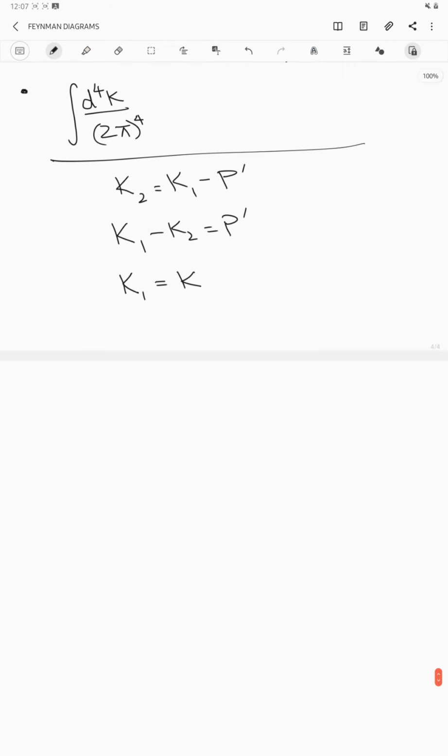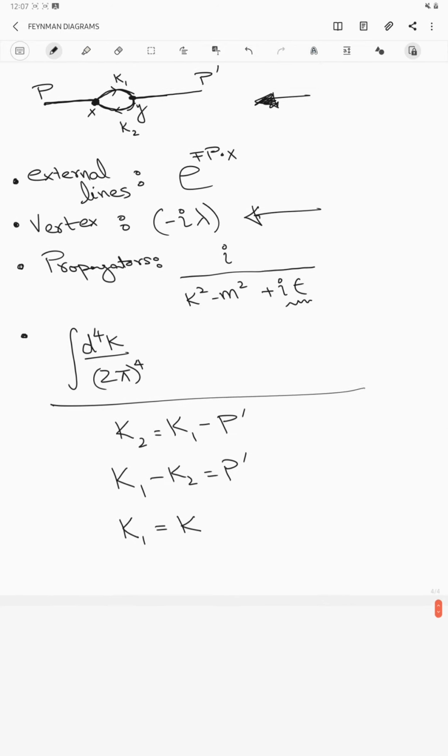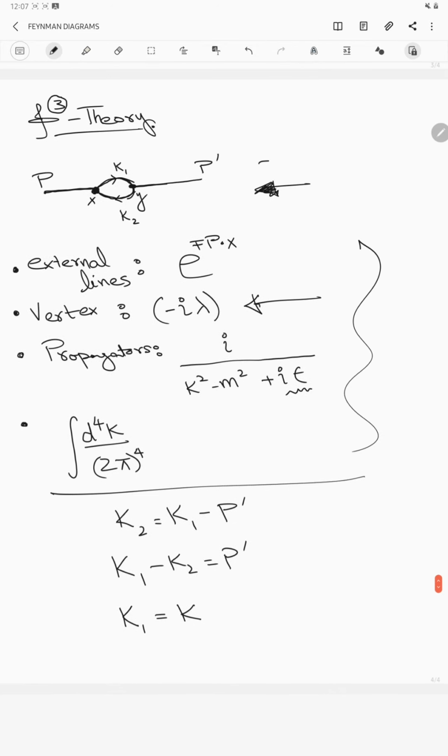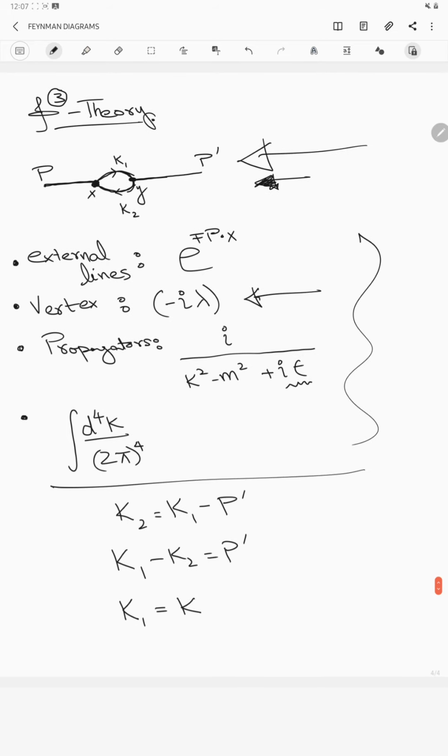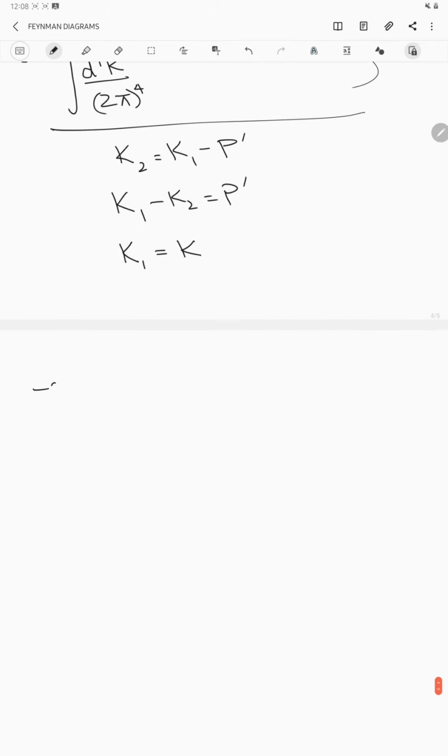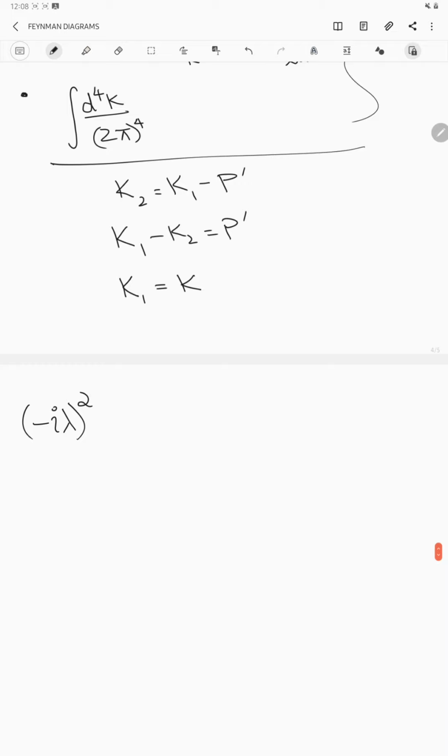So to write down an integral for this diagram, we see we have two vertices, so we have negative iota lambda squared, multiplied by itself two times, and then we add this integral d4k over 2 pi to the power 4.